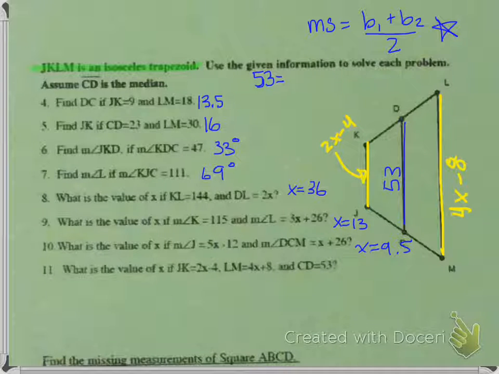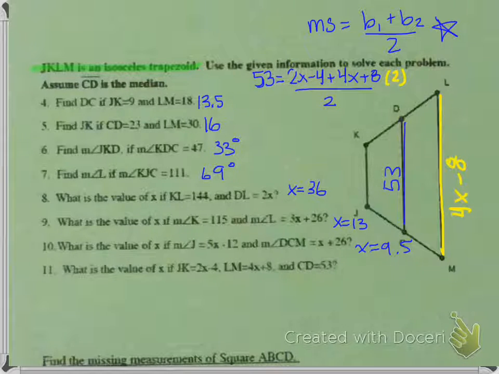equals base 1 plus base 2 divided by 2. Alright, I'm going to erase a little bit so I have some space to work right here. So now I'm going to multiply by 2 to get rid of that 2. Okay, so I get 106 equals, and now I'm going to put together my like terms.